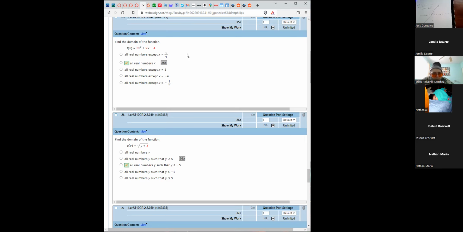Zero, maybe. If you plug in 0, these would disappear, right? And then you get a minus 4. So 0 is allowed. I don't see any issue here at all.